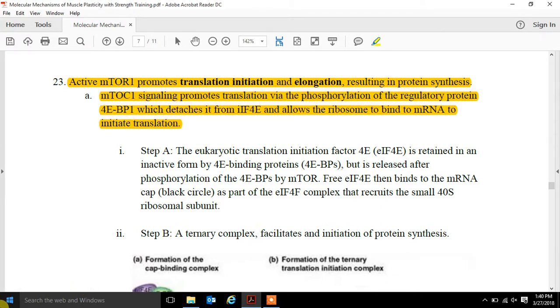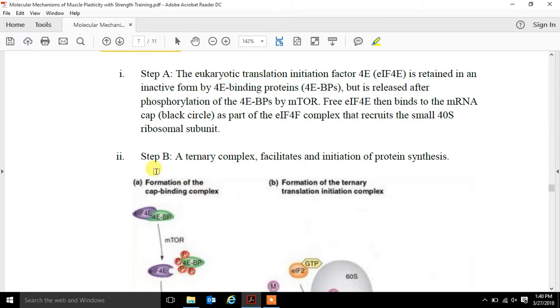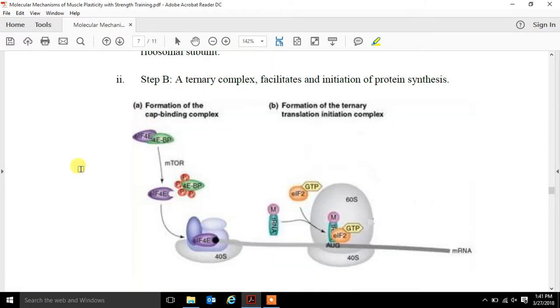And I'll show you a figure of this, don't freak out. It phosphorylates 4E-BP1, which detaches from this initiating factor, allows the ribosome to bind to messenger RNA and initiate translation. And I'll show you a figure, and this is actually one we used in a previous class. I'll start with just the image here, and I'll come back up and highlight.